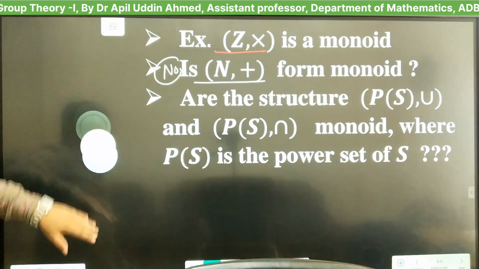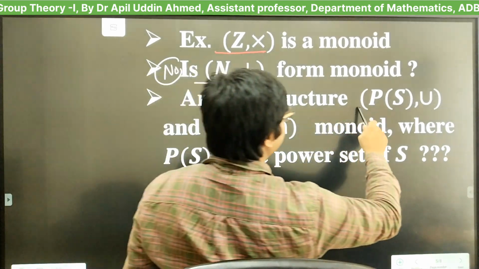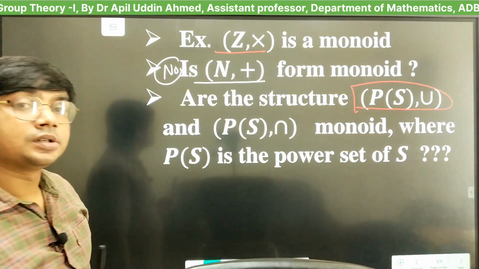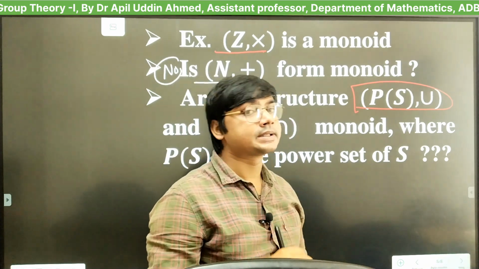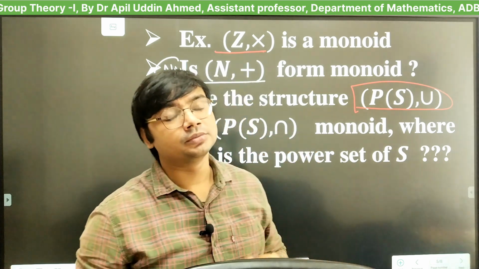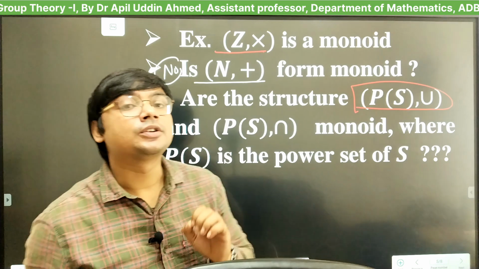Now you see, an important structure we consider here is the set of all subsets, that means the collection of all sets, or you can say the power set, with respect to union. Does this form a monoid or not?